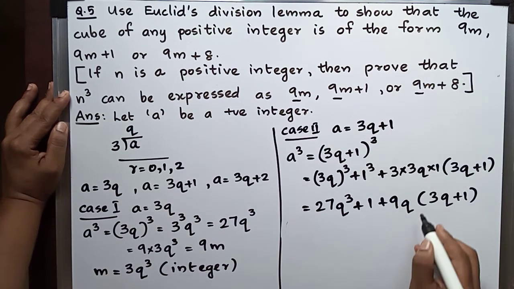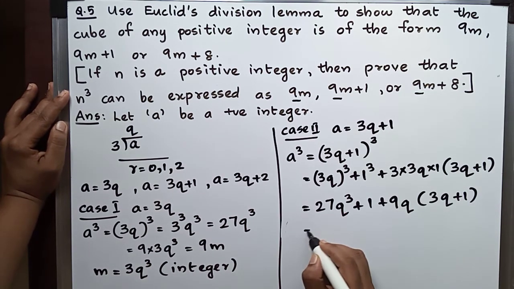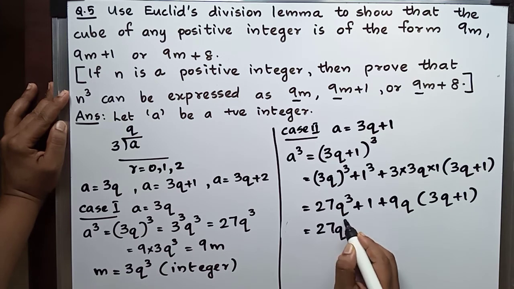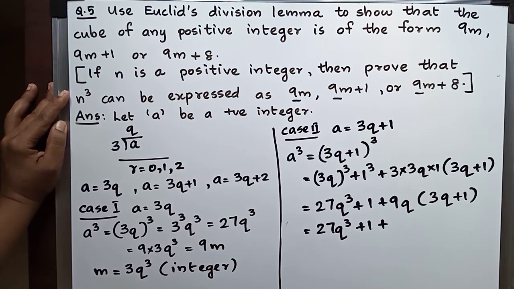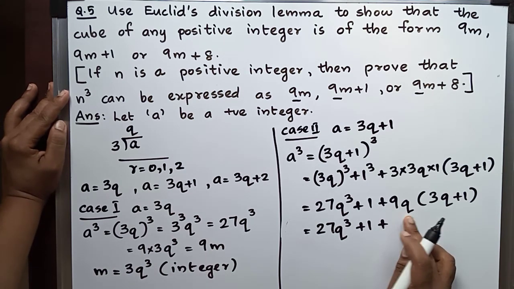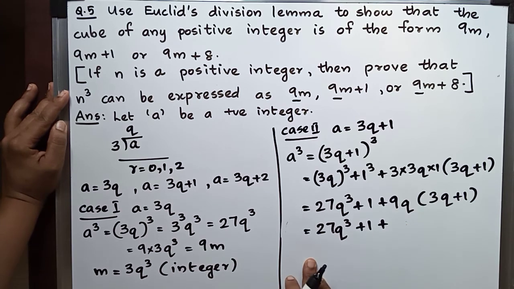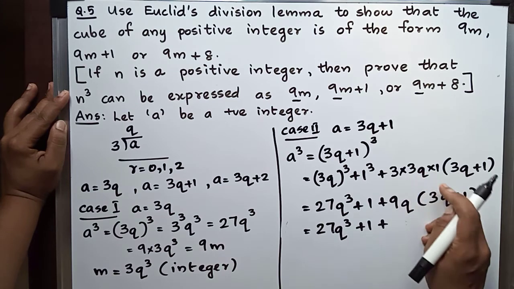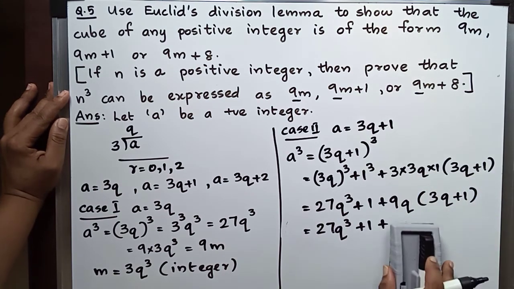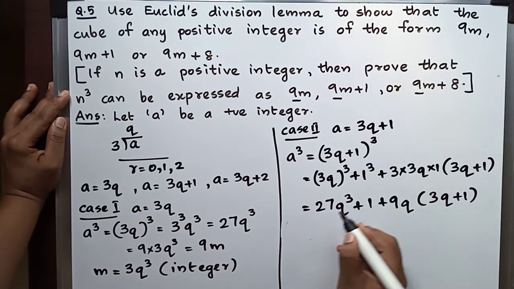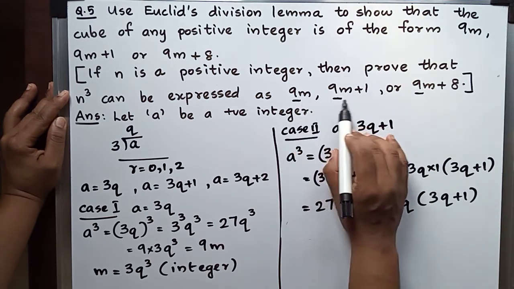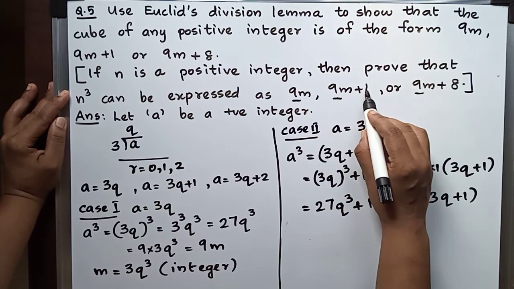Okay. We have to open this bracket. So we will get 27q cube plus 1 plus, before opening the bracket itself we can do it like this, or you can proceed like this also. We can open the bracket and then summarize. I am going to conclude it from here itself. Why? We need a 9 outside, and plus 1 is also possible.